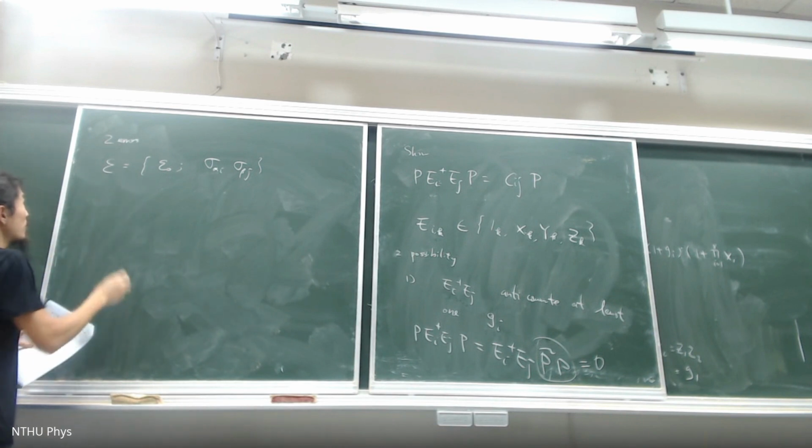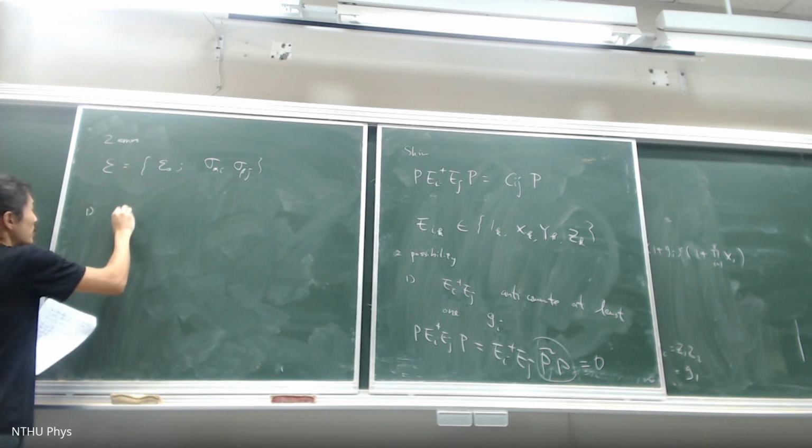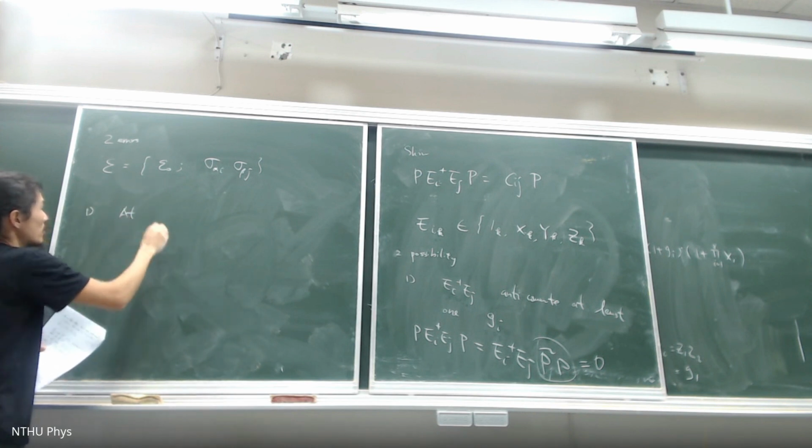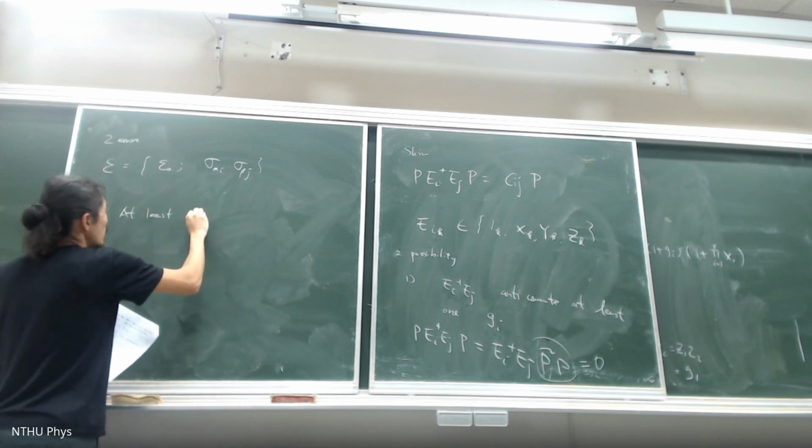So first of all, also two possibilities: at least one anti-commutes with G_1.